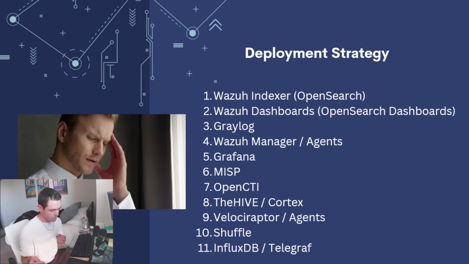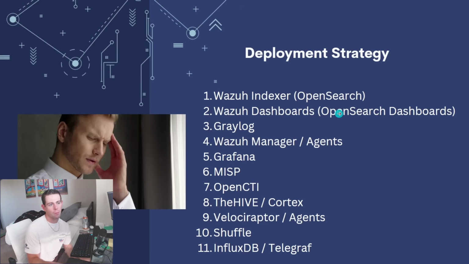So I have this implementation rollout laid out accordingly. Some of these tools we can't really use until one of these other tools is deployed beforehand, right? So we're going to start with the Wazuh indexer. We will then do the Wazuh dashboards, which is just Kibana, but all of our visualization stuff will be Grafana, which will make sense later.